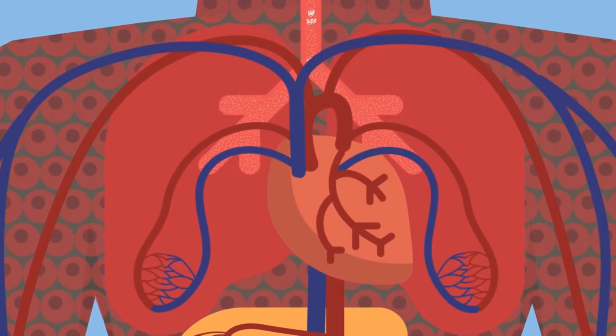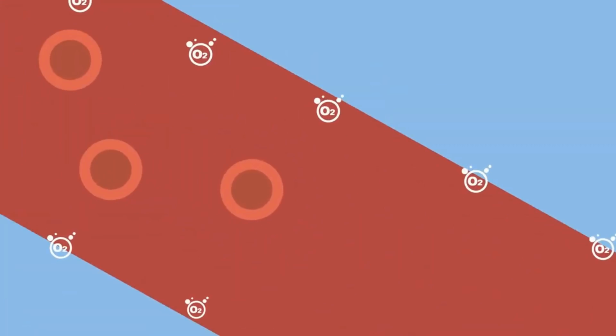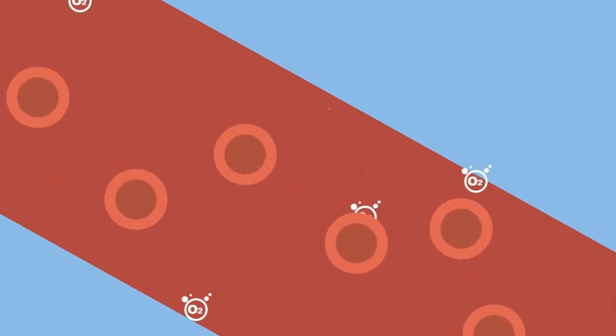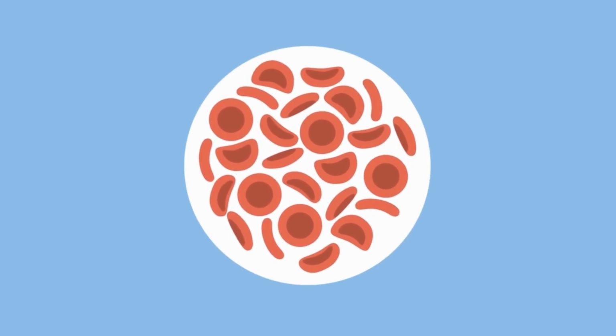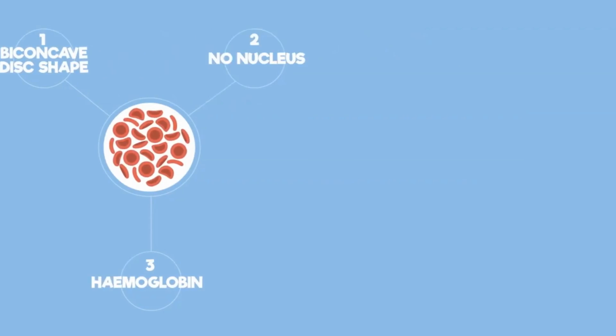We take oxygen into our lungs every time we inhale, but something has to pick up that oxygen and carry it to all the other cells in the body. And that is the job of your red blood cells. And you know what? They do a very good job of it. And that's because they have all the special adaptations needed to carry out this very important role.